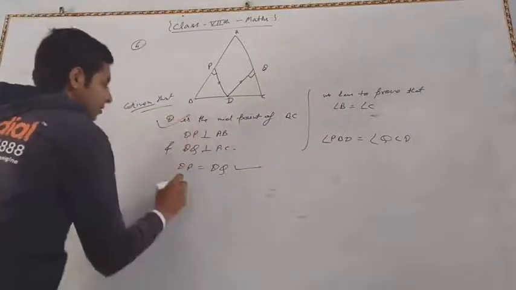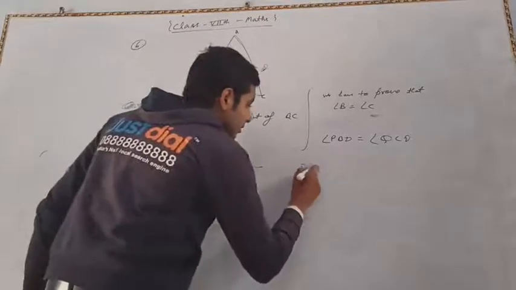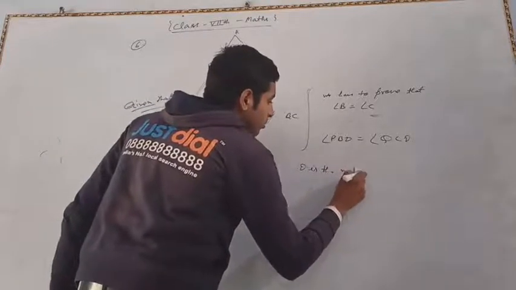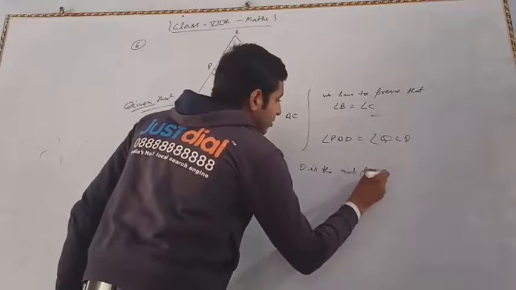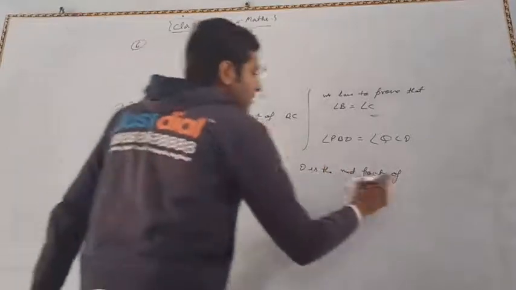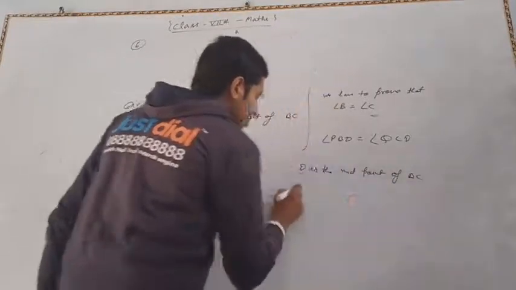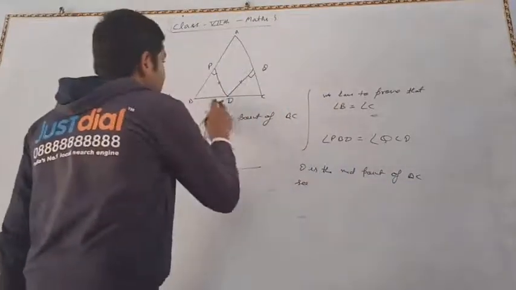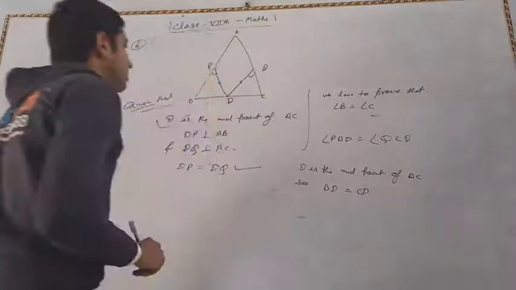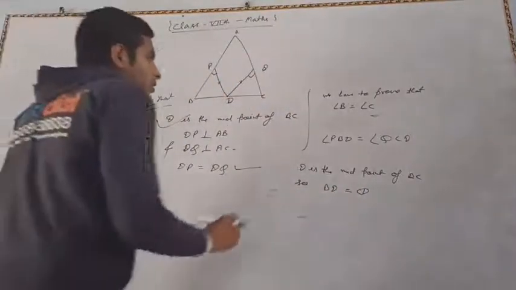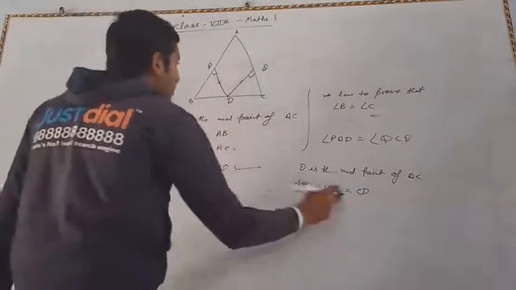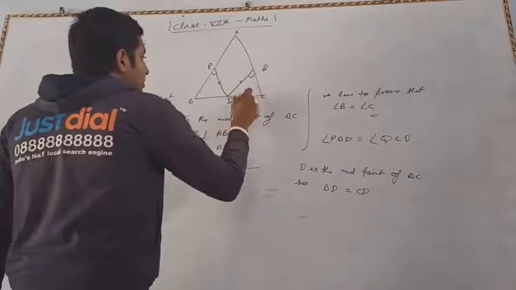Here D is the midpoint of BC, so BD is equal to CD. From here you find that DP is equal to DQ and BD is equal to CD.